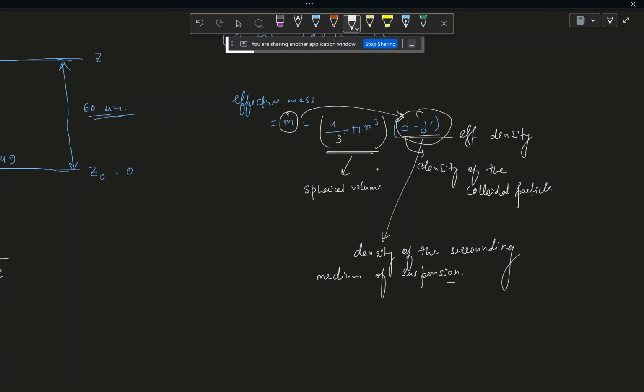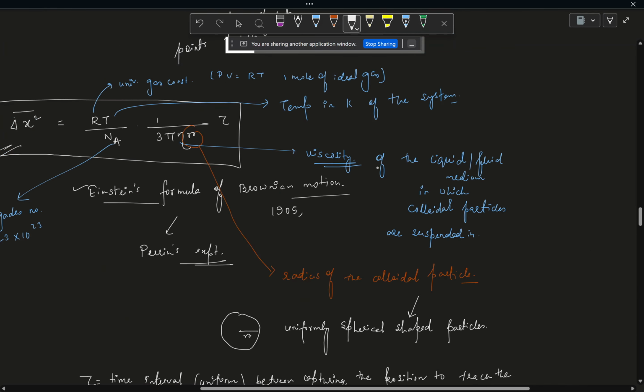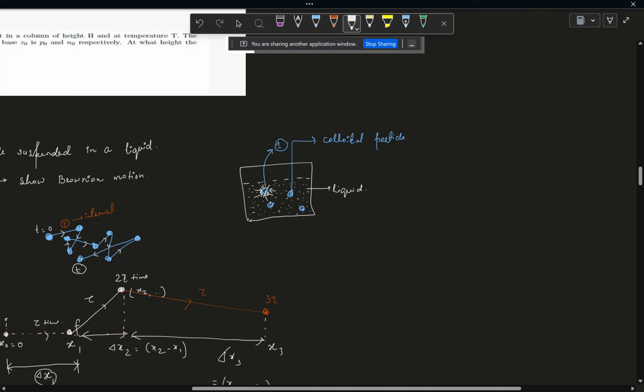Yes, it is the mass of that particle. I had drawn a diagram at the starting. Let me just, yes, this is what I had drawn roughly. Say this is a liquid medium, or it can be a gaseous medium also. Basically it has to be a fluid suspension, right? For the famous Brownian motion, it is named after Robert Brown, who observed it in the motion of pollen grains, where the pollen grains were suspended in a water medium.